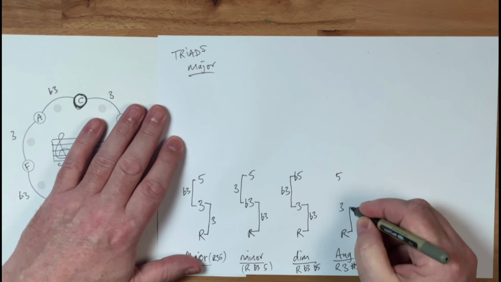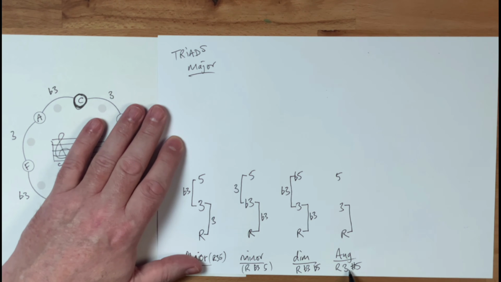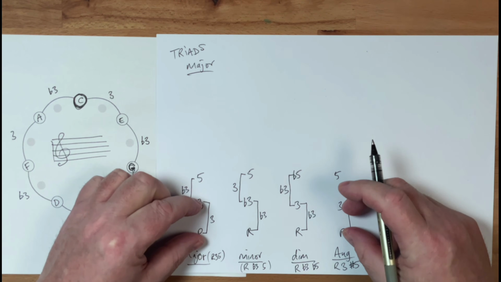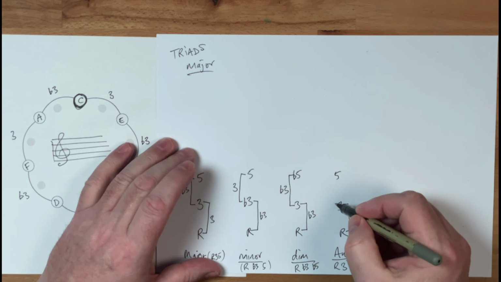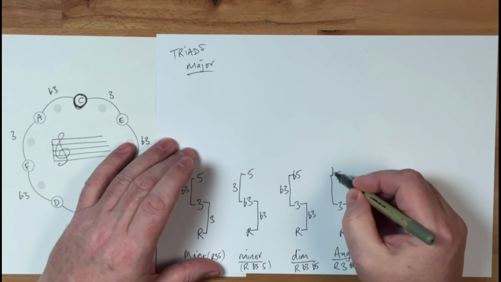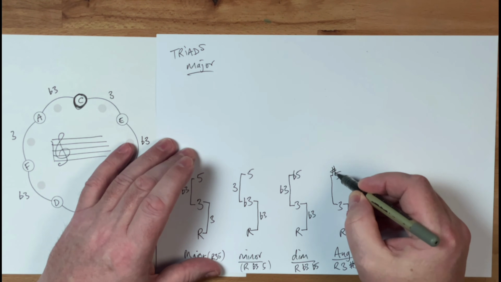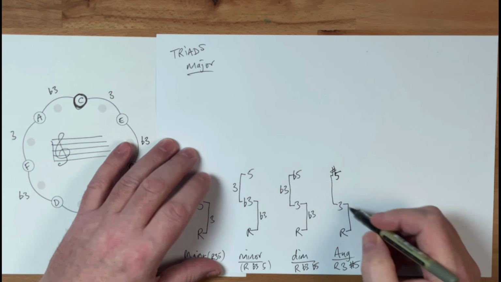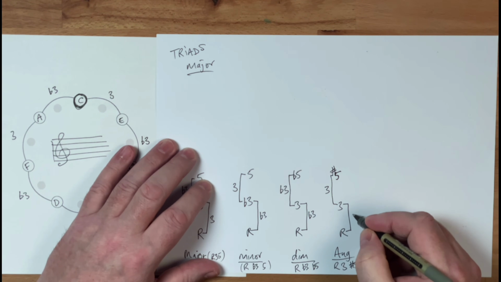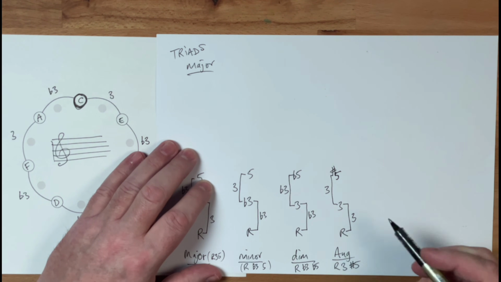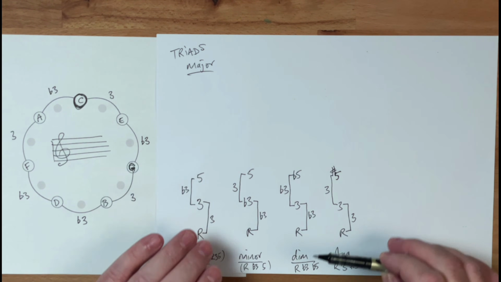So we know that this here is going to be a major third, which kind of makes it look a lot like a major chord in those first two notes. But what makes it different is that now this five is raised. It's a sharp five that we get there. Okay, so what happens is we get a major third there and we get a major third there. Okay, so you can see that's the difference with this.